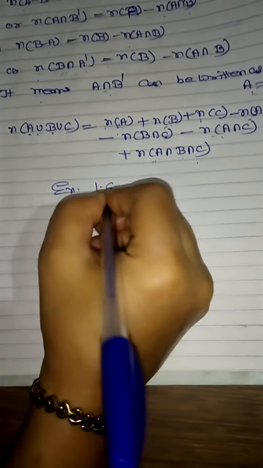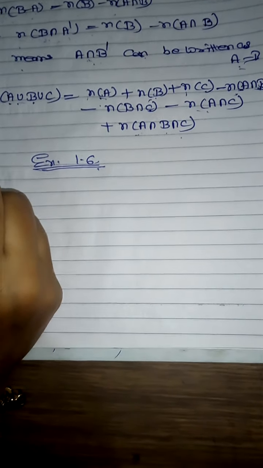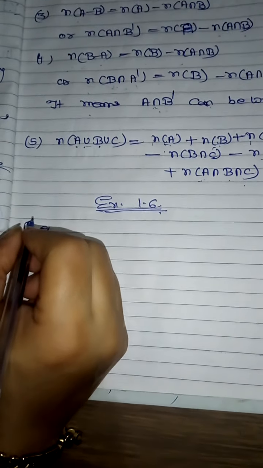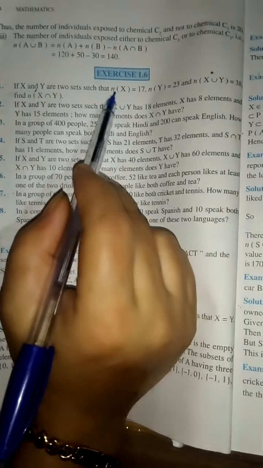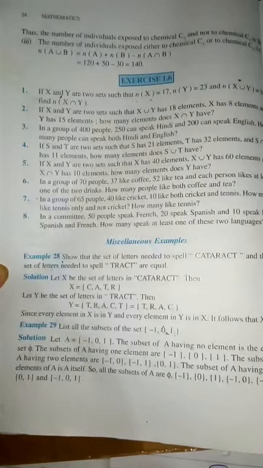Now let us start exercise 1.6. In 1.6, the first question is, if x and y are two sets such that n of x equal to 17, what is given? I am writing the solution here.